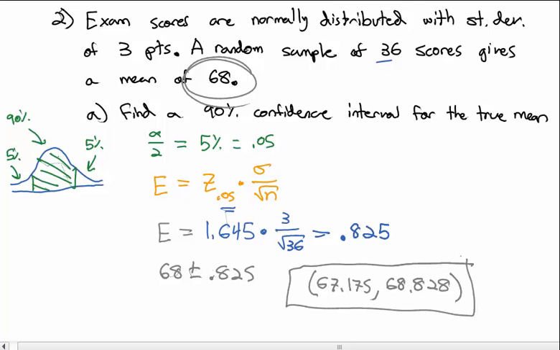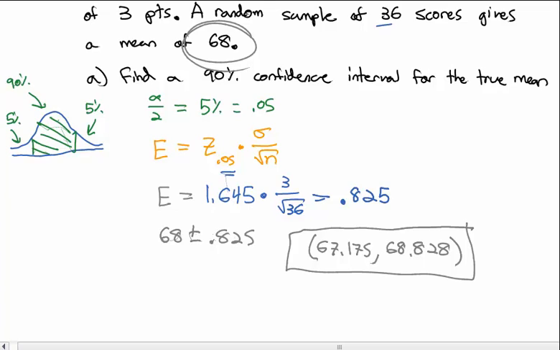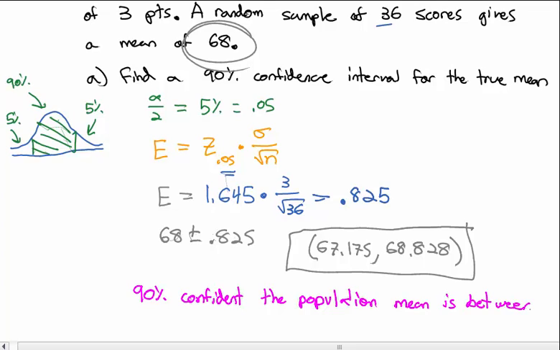And so our interpretation, what we will say is we are 90% confident. In other words, 90% of confidence intervals constructed in this way will contain the actual mean. We are 90% confident the actual mean, or the population mean, is between 67.175 and 68.825.